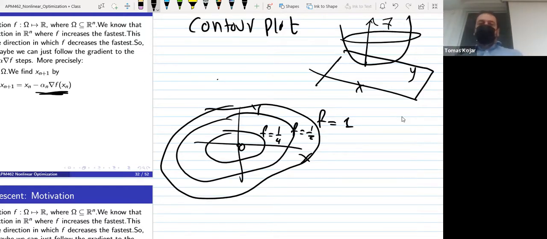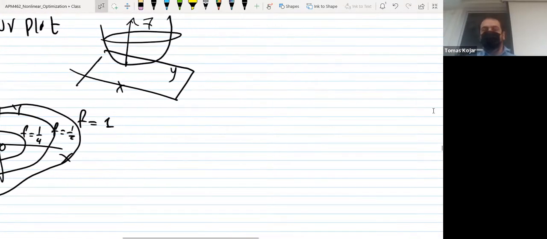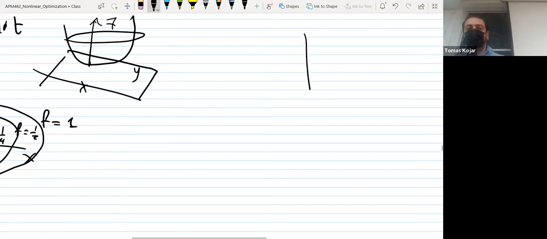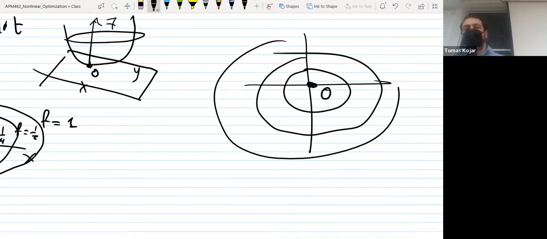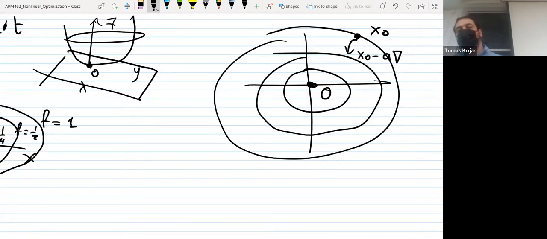When people draw these pictures, if you Google gradient descent, you will often see the following. This function has a minimizer at 0, right at the center. What people do is start from x0 and move in the direction of x0 minus the gradient of f evaluated at x0.